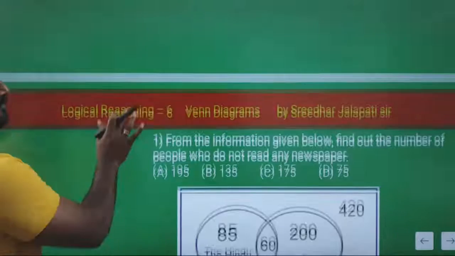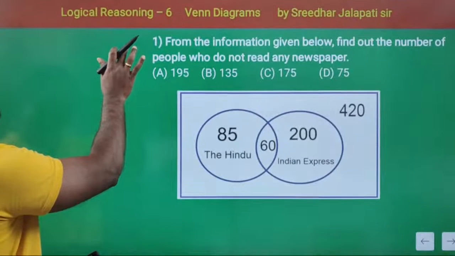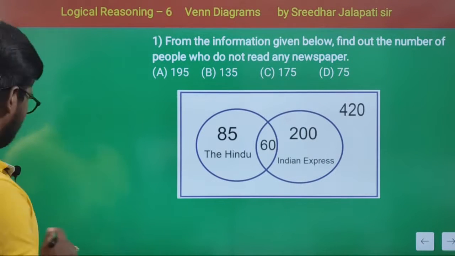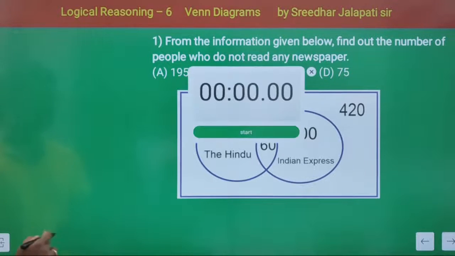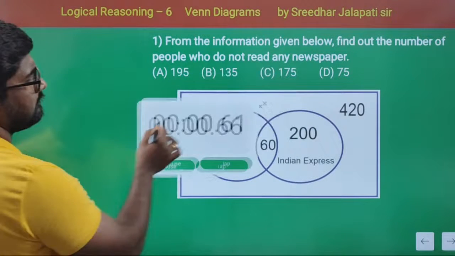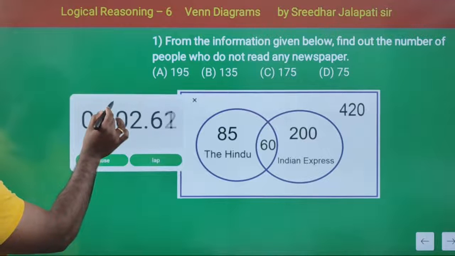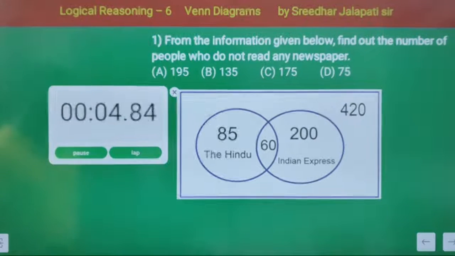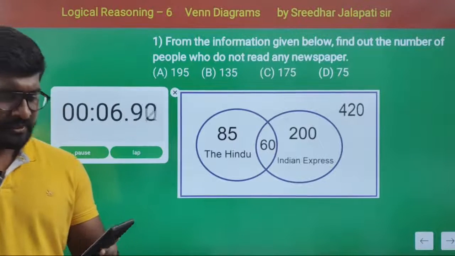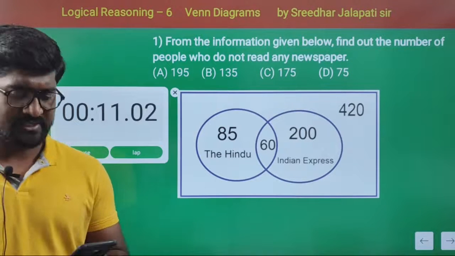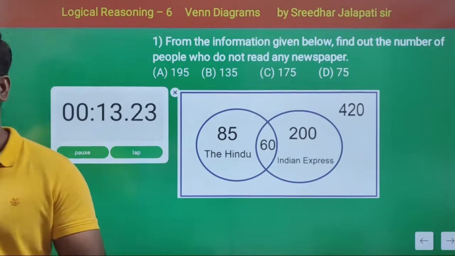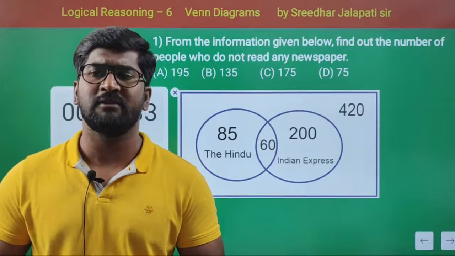First question. I'll be giving you 30 seconds and I'm expecting a quick response from you. As I said, we'll be starting with level 0 and slowly we'll increase the level of difficulty.